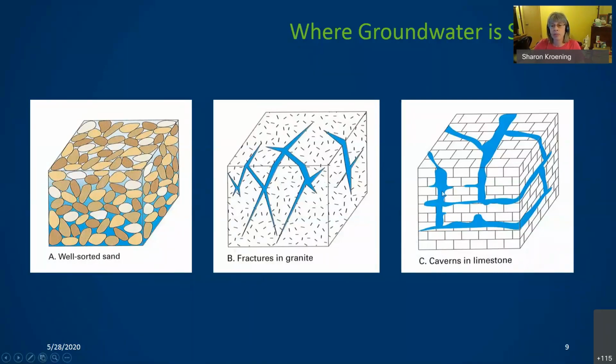Limestones are a rock that can be easily dissolved by rainwater, which naturally has a slightly negative pH. In limestone, the fractures are dissolved by solution to form these conduits and caverns. But again, these caverns and fractures are not very big and aren't large enough to fit a person.